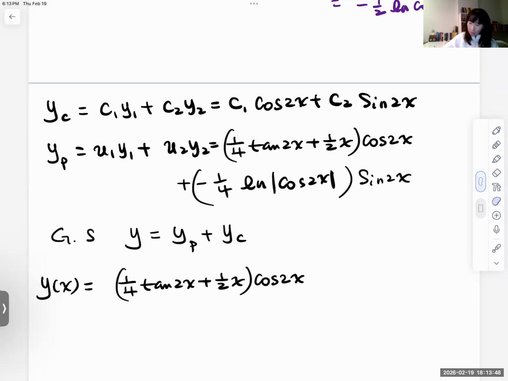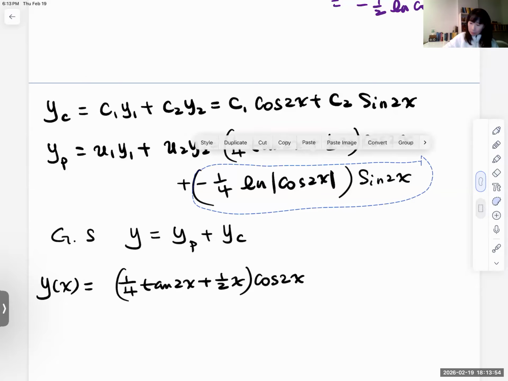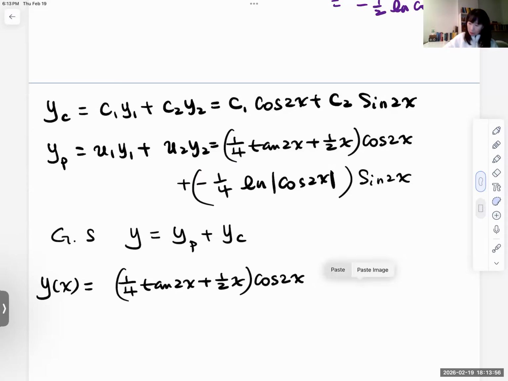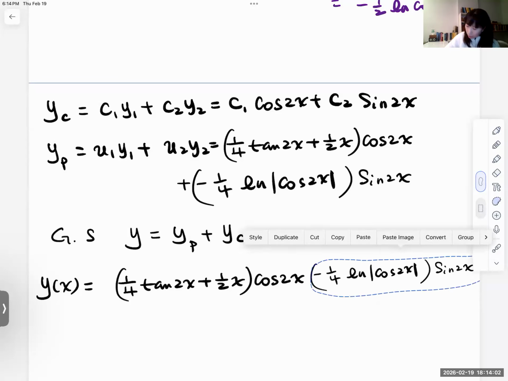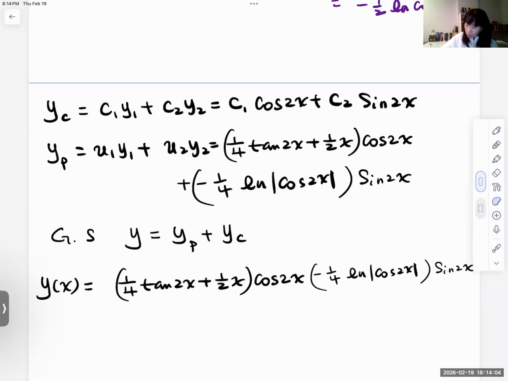And this one is particular solution. Yeah. Let me just use positive there. And this is easy. Copy.